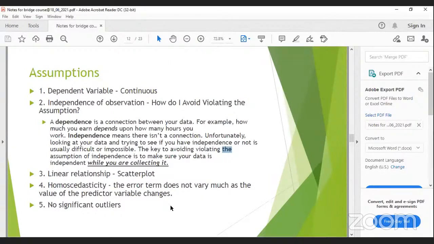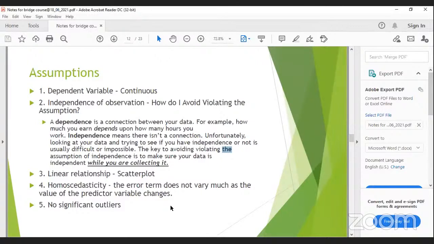If my predictor variable changes, there is a slight change in my error, but it does not vary much. Error should be minimum.